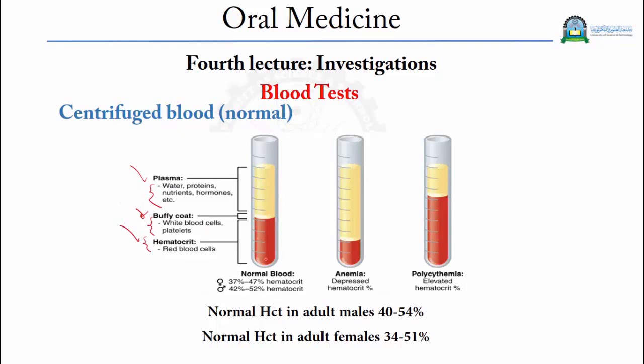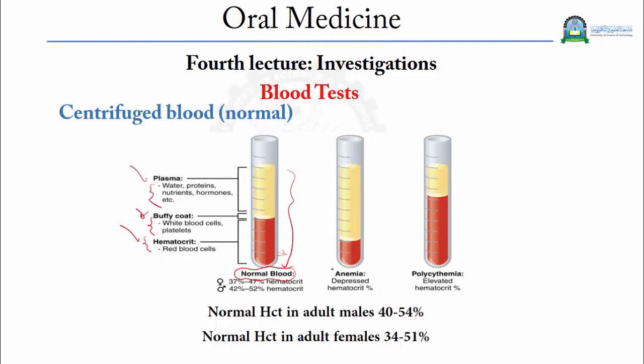So this tube containing normal blood shows the normal distribution of the blood components, about 42% RBCs.